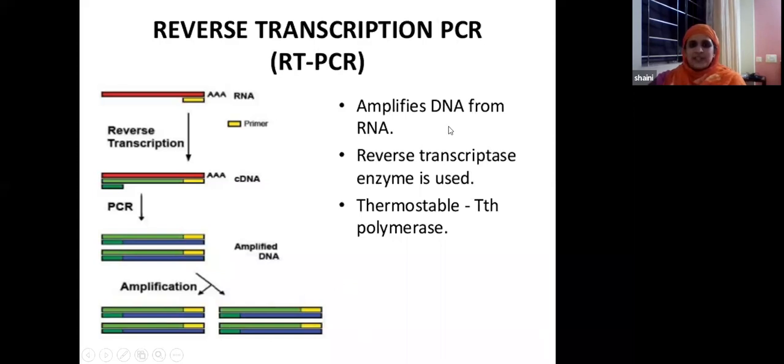So this amplifies DNA from RNA. RNA usually has two sources: one, viral RNA; second, when we want to study the mRNA in a DNA organism or human beings. Reverse transcriptase is the enzyme used.